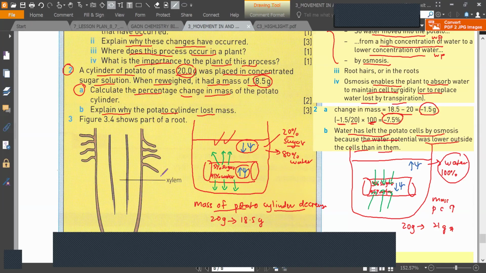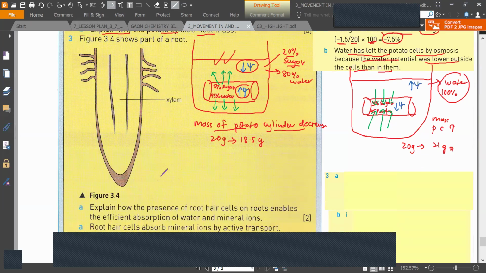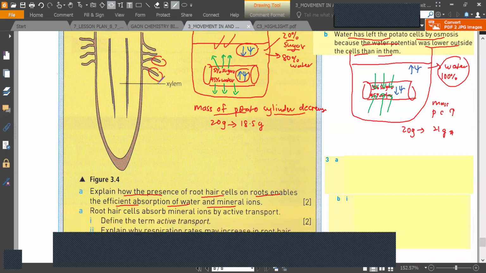Next, here we have part of a root. This is the structure of a root, straightforward. Explain how the presence of the root hair cells on the root enables the efficient absorption of water and mineral ions. Why are these root hair cells very useful, very effective?